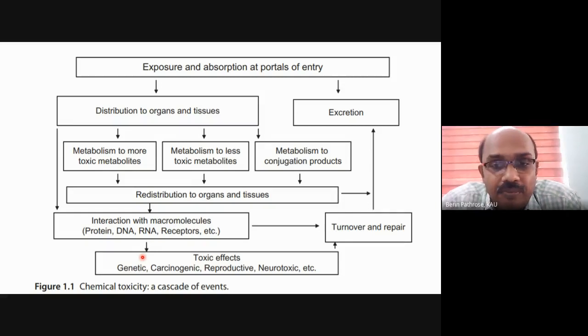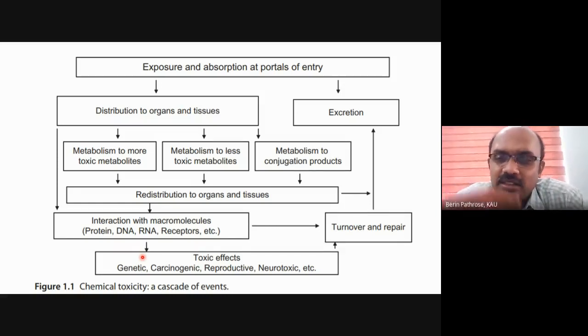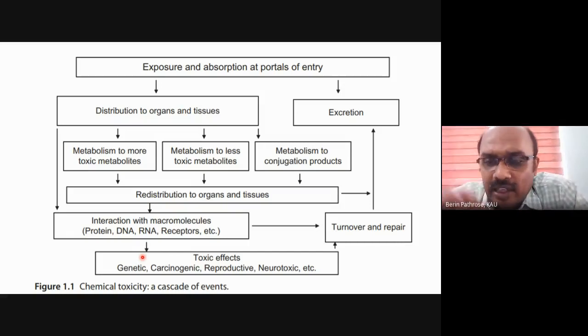Every time the DNA undergoes replication, there can be a chance of some mutations happening during the replication, because replication is a constant process. Every time a cell divides, replication has to occur.